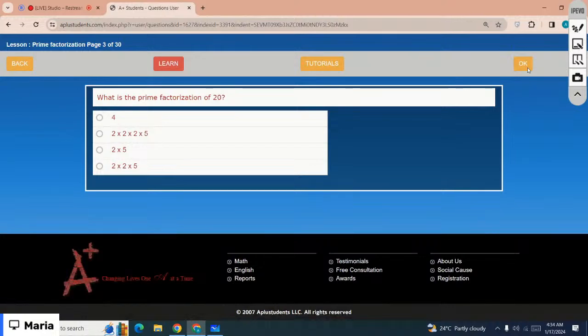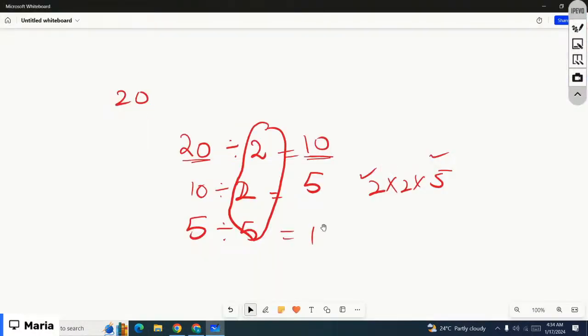What is the prime factorization of 20? Which is the correct option? That's the one I just did on the board. That is 2 times 2 times 5. Got it?